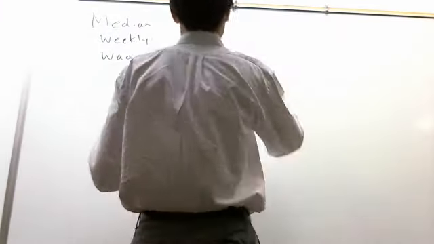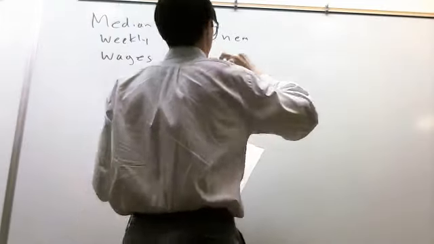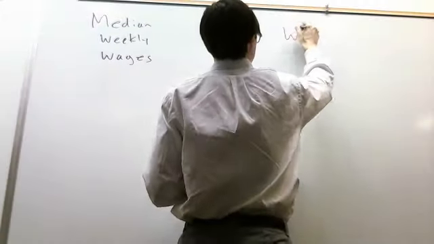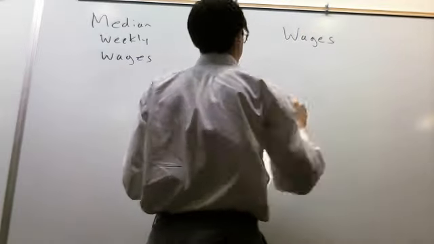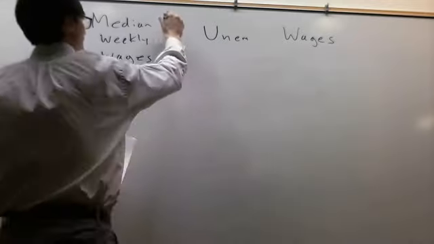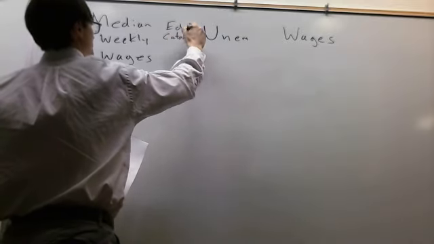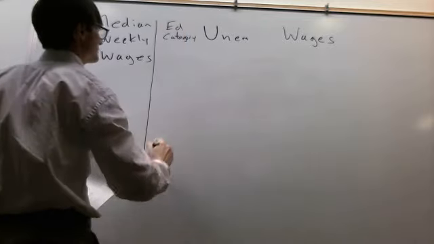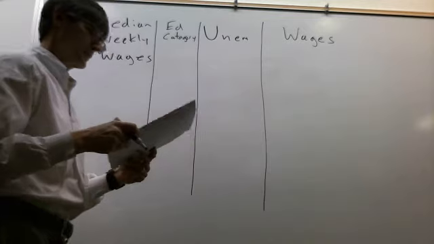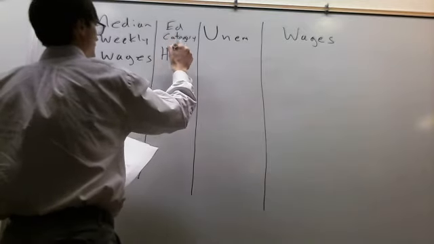So let's think about two different kinds of labor market outcomes. We have unemployment and then wages. And we'll have this by educational category. So we'll start off with high school dropouts.